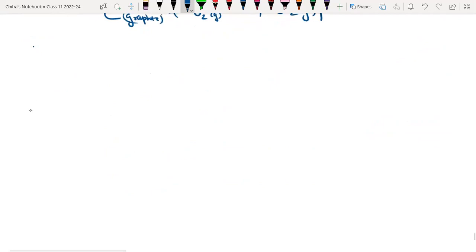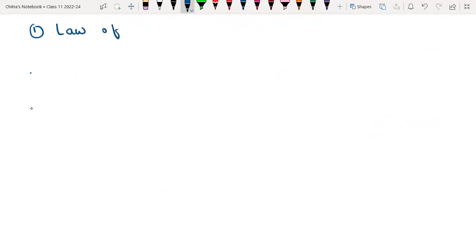In chemistry, we have a total of five laws of chemical combination. Out of these, first we are going to learn the law of conservation of mass.